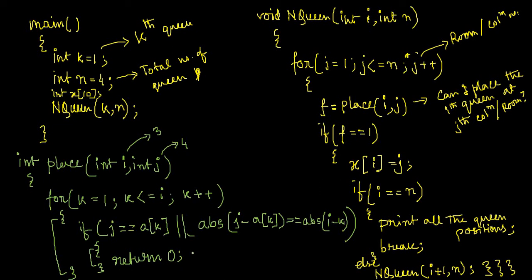But if I find there is no k for which this criteria is fulfilled, that means you can put this ith queen in jth position safely. So we can have a return 1 statement after the end of the for loop, somewhere over here.